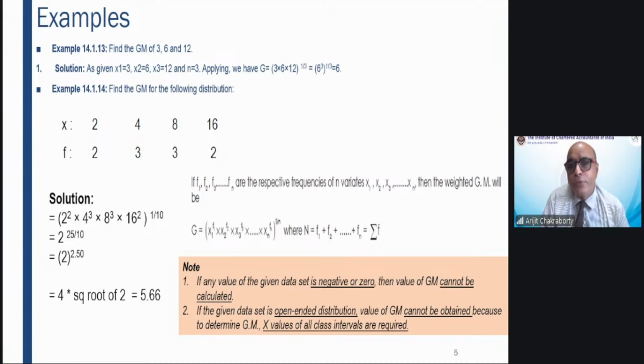So please remember these two critical points. If any value given in the data set is either negative or 0, if it is negative, what will happen? The entire product will be negative. Now the square root or the cube root or the nth root of a negative number will be imaginary. It cannot be a real root.